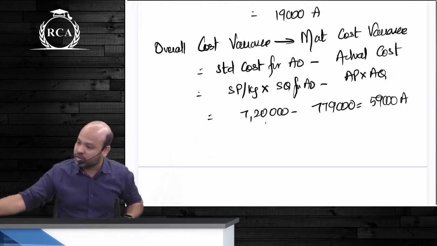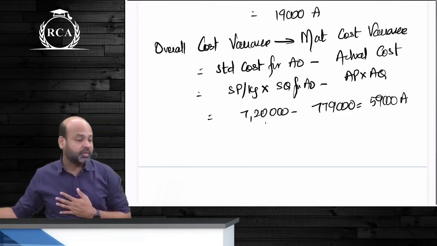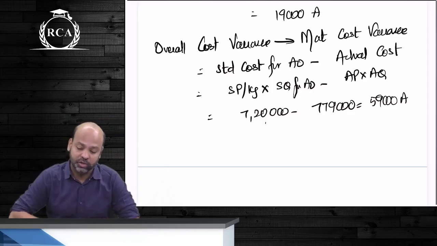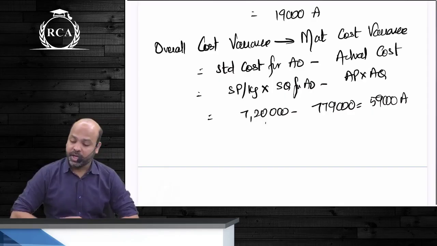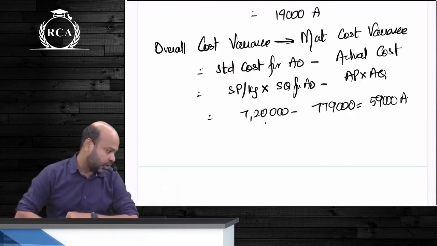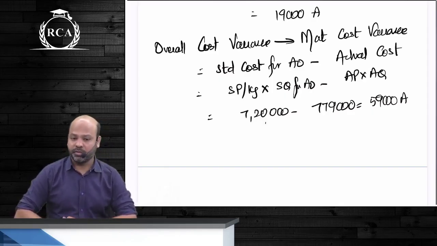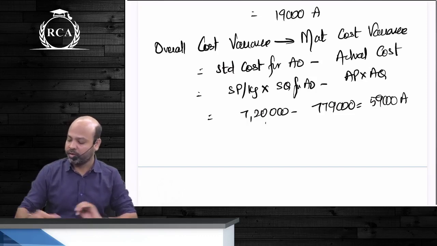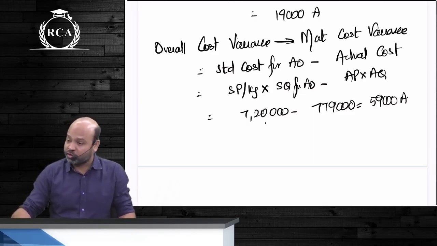Your overall cost variance in respect of material will be termed as material cost variance, and for that you will write standard cost for actual output minus actual cost incurred. That is standard price per kg into SQ. ये हमेशा SQ for AO लिखने की आदत डाल दो ताकि you should never go wrong in writing it as SQ for budgeted output. You're always and always supposed to pick it up for actuals only.